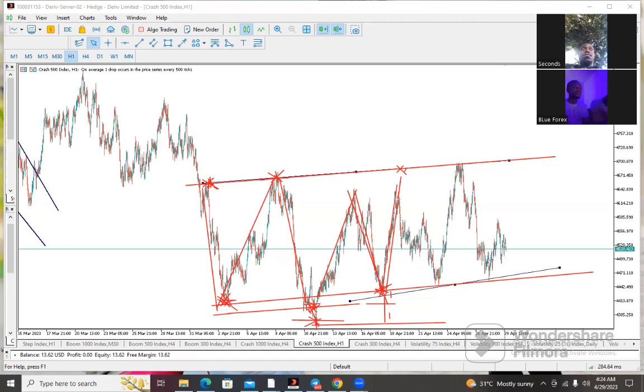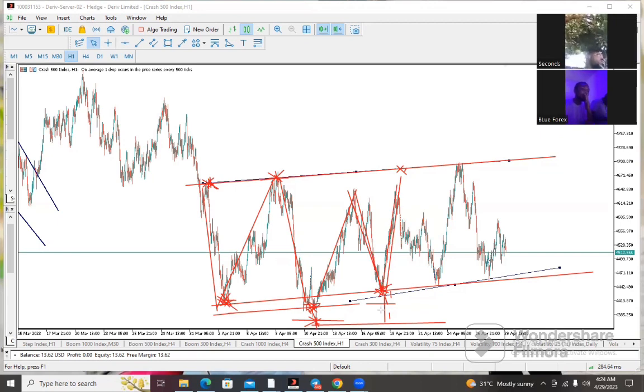So all you need to do is calculate your capital and how you are going to risk.